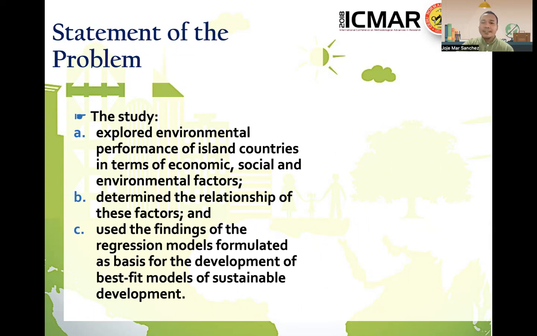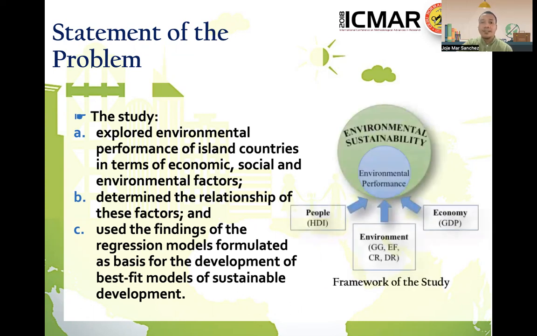And here is the conceptual framework of the study. We have environmental sustainability, which will be measured by environmental performance. And there are three dimensions affecting environmental sustainability. We have people, economy, and the environment. The people dimension will be measured by the Human Development Index, or HDI.